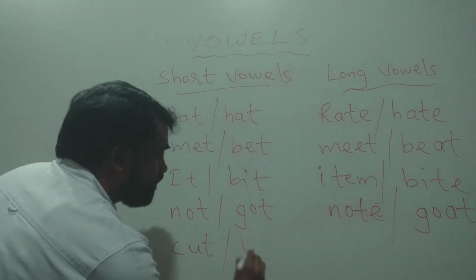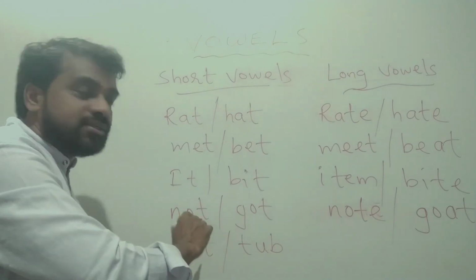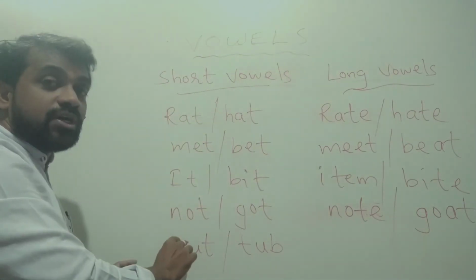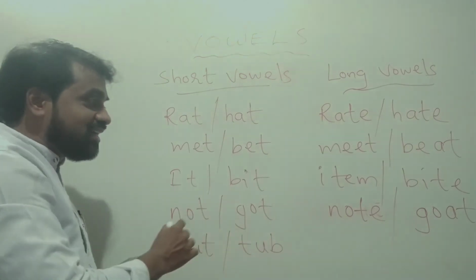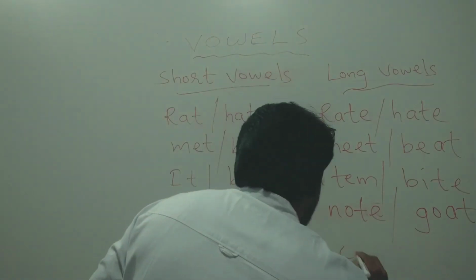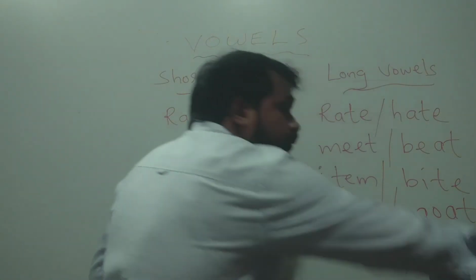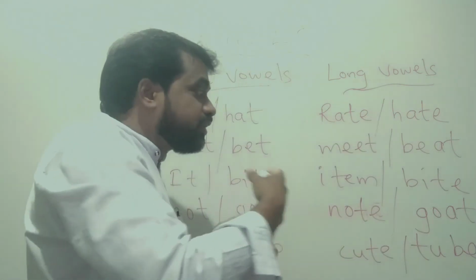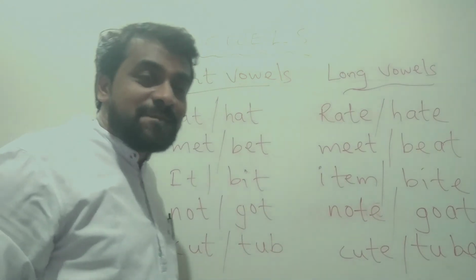Cut, cut or tub. This is the short vowel sound for U. Its long vowel sound is U, that is cute or tube. Cute, tube, like that.